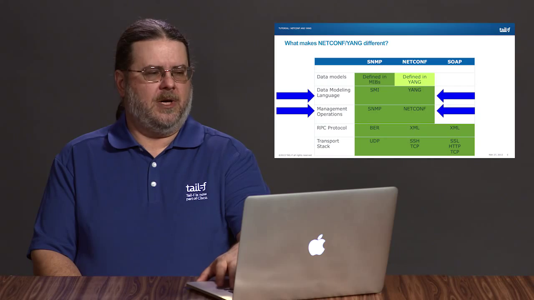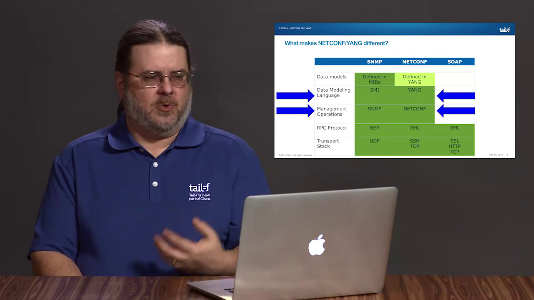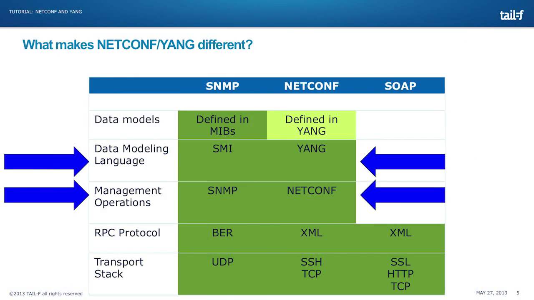If we keep going up, though, past those management operations, so we can do management operations. What are we managing? What is the data that's there in the device that we're going for? So that's where the modeling language comes in. What language do we use to describe our data? Then what sort of models do we have?